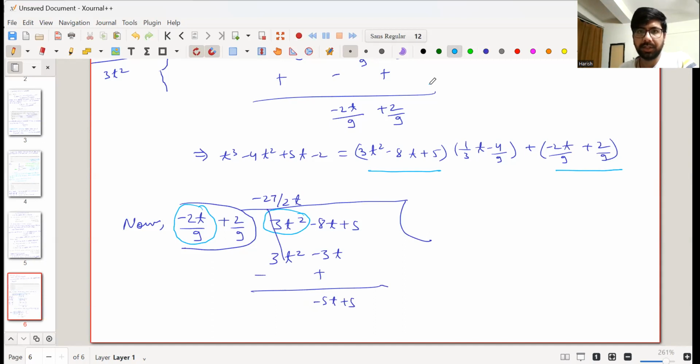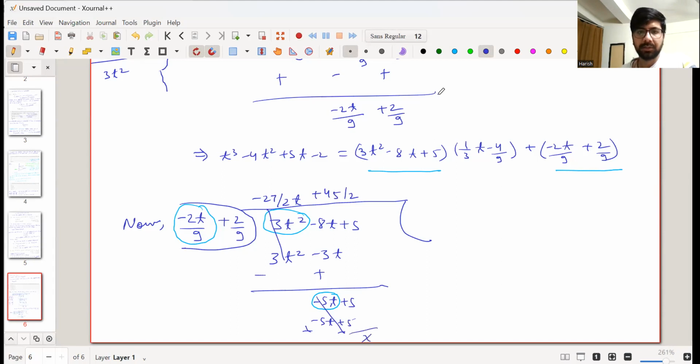Again, leading coefficient, this you will divide by minus 2t by 9. This will be nothing but 45 by 2. Yes, 45 by 2, and again they multiply it and you will get minus 5t plus 5, and that will change sign, it will give you 0.